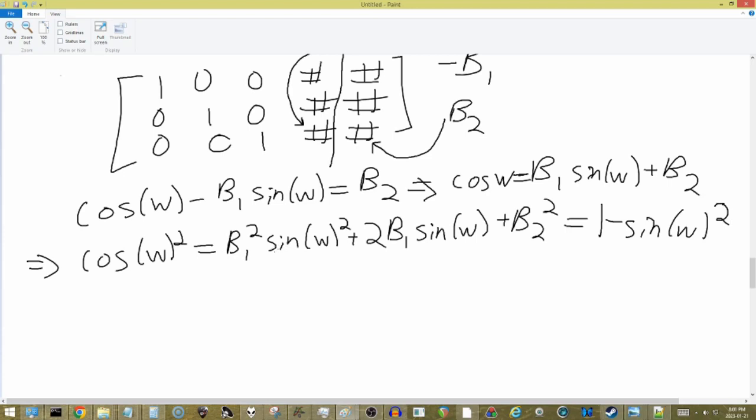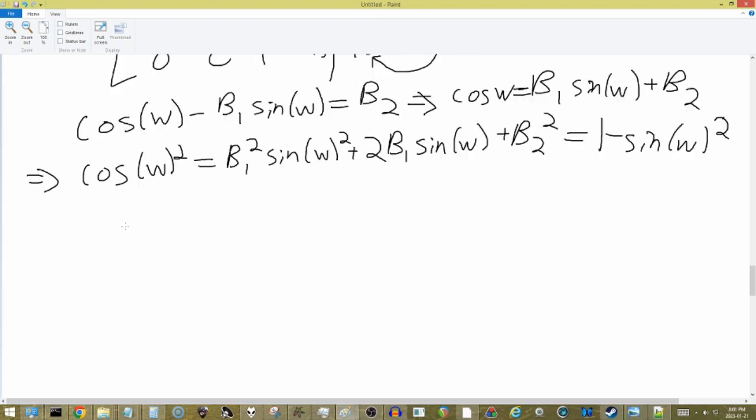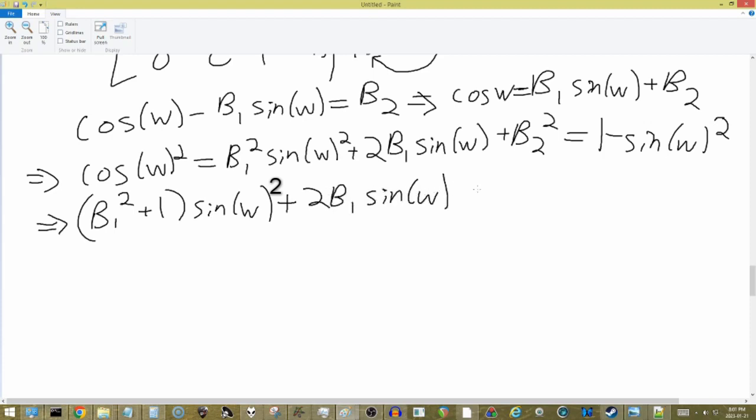And then that's a quadratic in sine of w. So we rearrange the equation, and then we get how much sine of w do we have. So we got b1 squared plus 1 sine w squared. How much sine of w do we have? 2b1 sine w. And how much constant do we have? b2 squared minus 1.